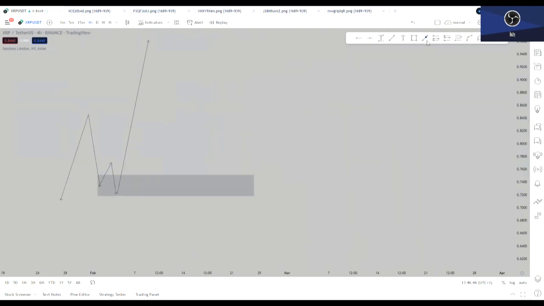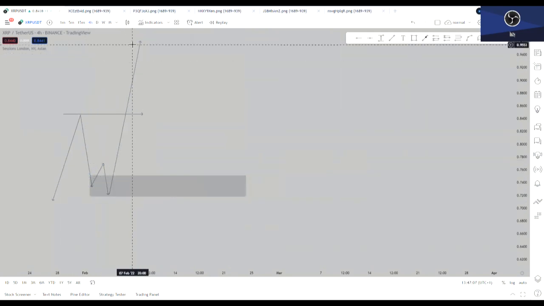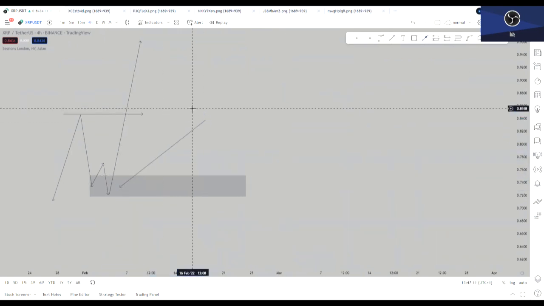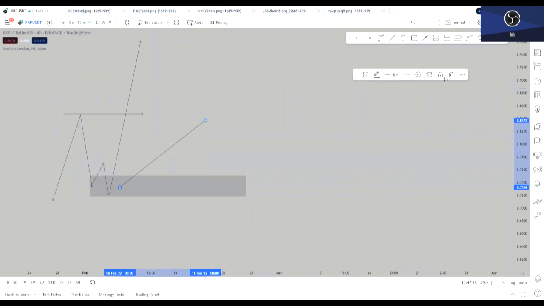We have seen a breakout structure at this point, and this would validate our range. Why would it validate our range? Because the breakout structure, the impulsive move, has started at this point. So eventually a lot of orders were executed at that same range here. That would be the reasoning behind it.